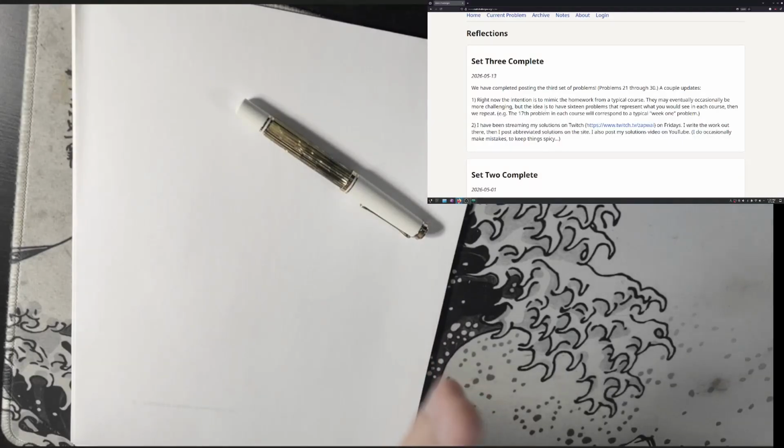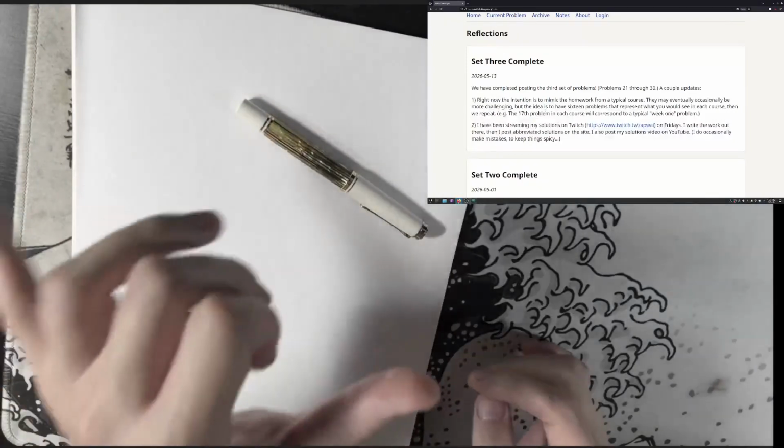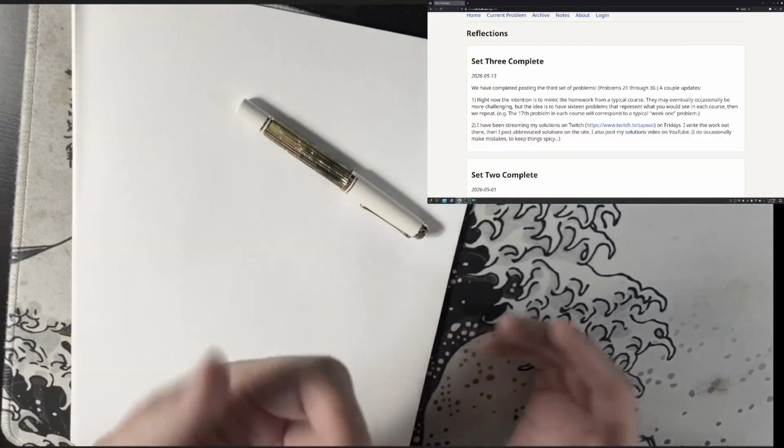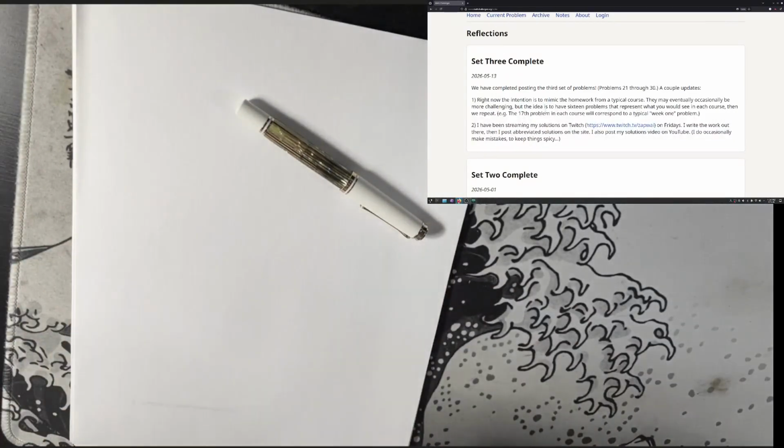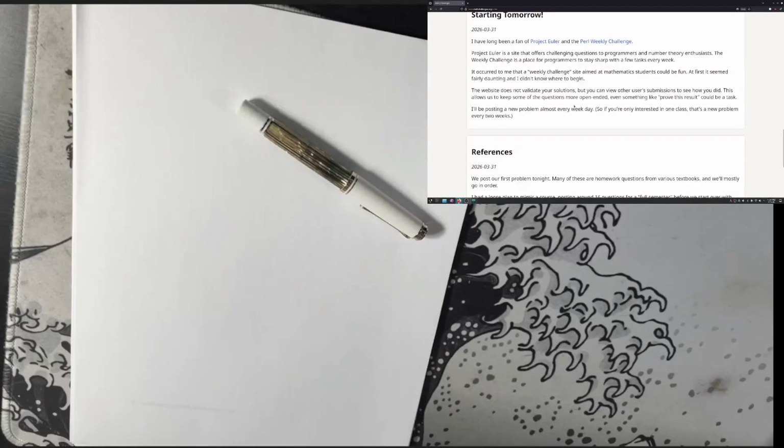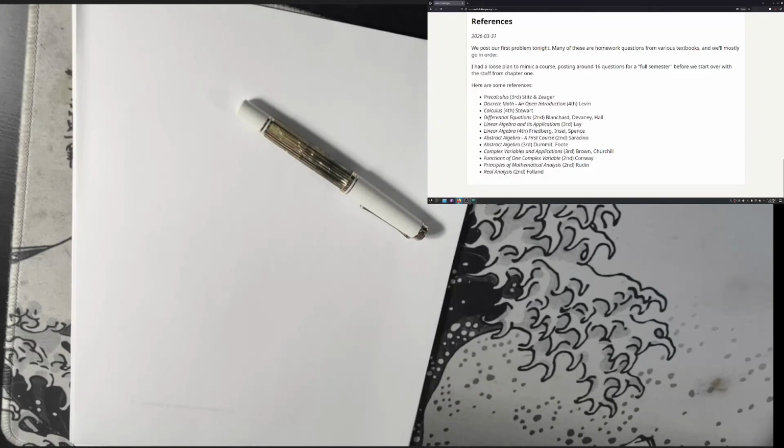So my thought was we'll pretend there are 16 weeks in the course, and I'll split however many chapters are in the book I'm using. The books I'm using are down here. These are references. I'm not using all of them. For instance, the real analysis book I'm using right now is Rudin, not Folland, but maybe next year I'll start using a bit of Folland.